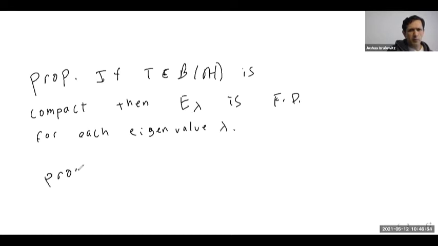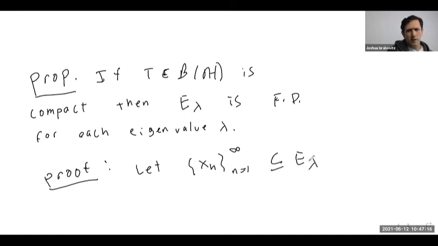And what's the proof? The proof is basically prove the contrapositive. Assume not. So assume we have a linearly independent sequence of stuff in the kernel of T minus lambda times the identity.